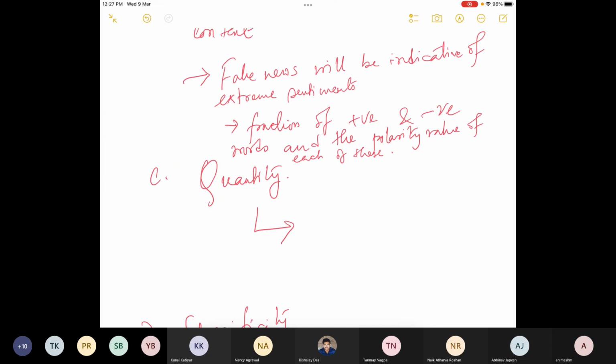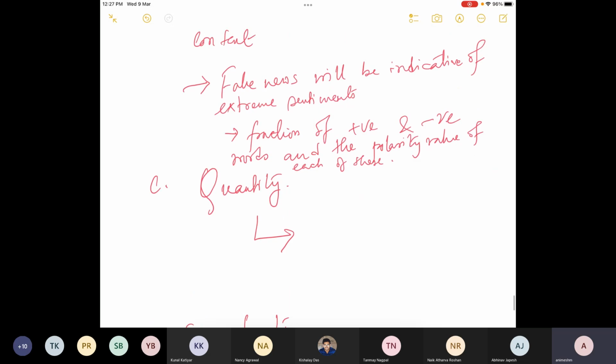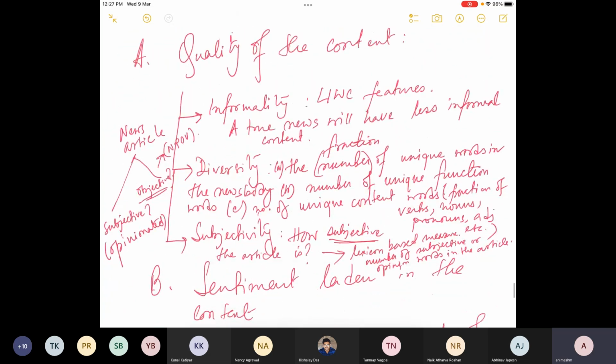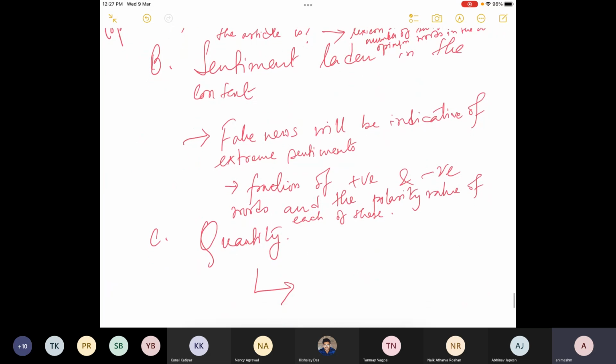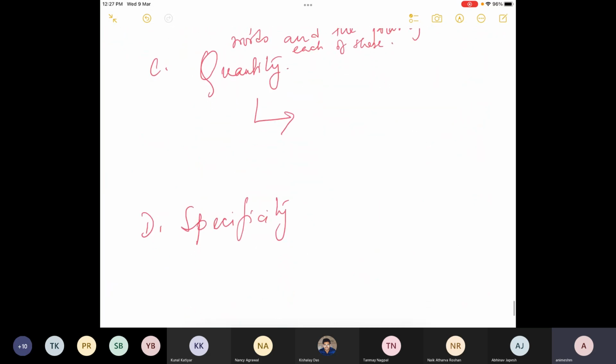Now, quantity. Quality we have already talked about. Informality, diversity, subjectivity are all quality. Then we have sentiment, and now we are at quantity. What is quantity? As the name suggests, it's the number of characters, number of words, number of sentences.